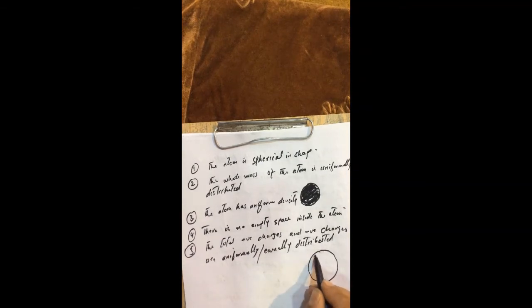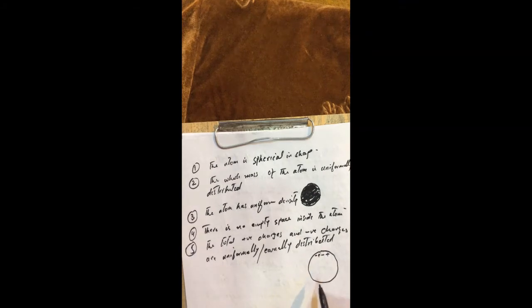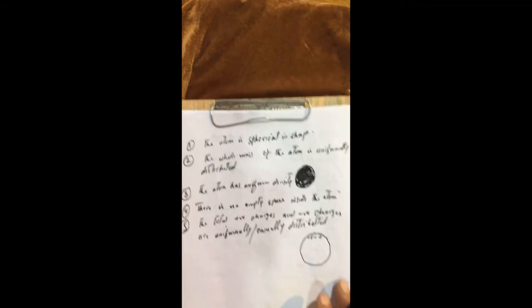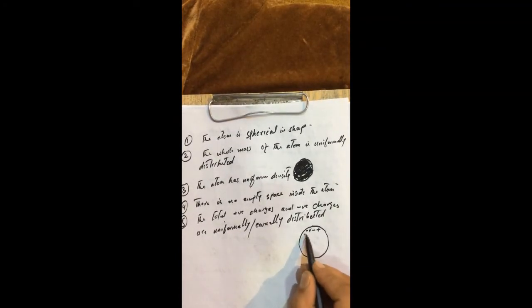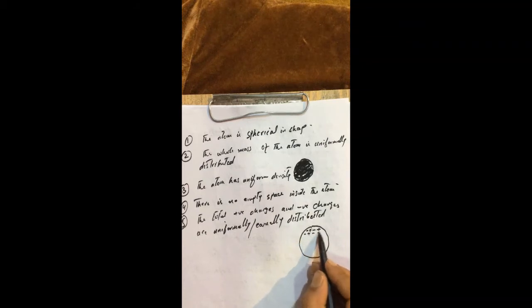Suppose we have the atom which is spherical in shape. If we have a positive charge here, then we have a negative charge, then a positive charge, negative charge, then a positive charge. And then again, if there is a negative charge, then there will be a positive charge, negative charge, positive charge.